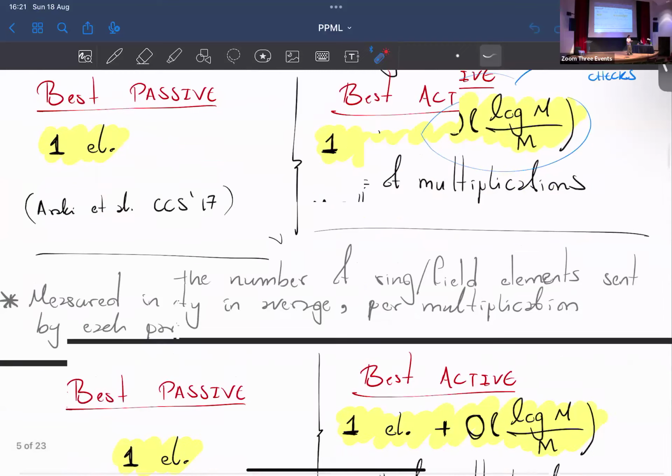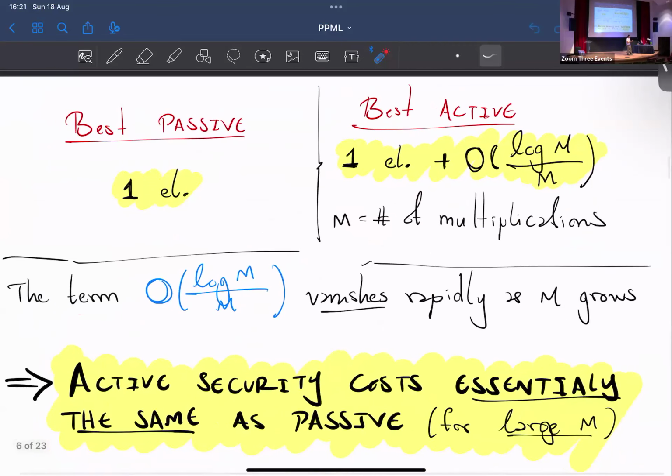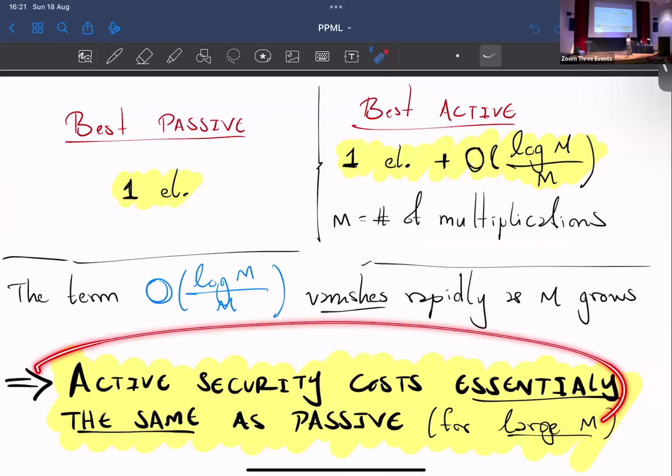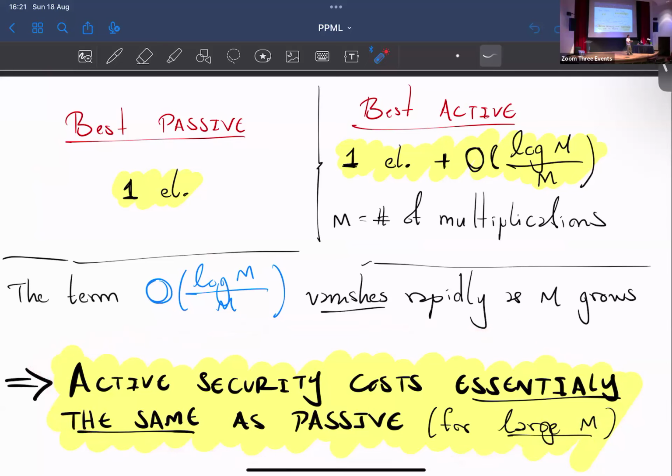So because of this state of affairs, we can basically claim that active security costs essentially the same as passive. Because as m grows, this term on the right side is going to be so small that it basically doesn't really affect the term on the left. So that's something we already know. And it holds both for fields and for rings.